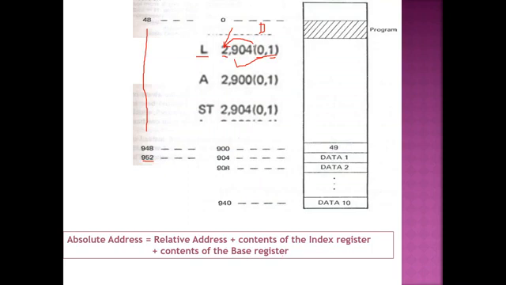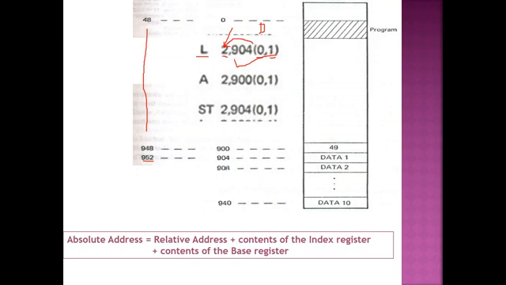What is the relative address here? 904 is the relative address. What is the value of the index register? 0. What is the value of the base register? 48. So your absolute address is 904 plus 0 plus 48. Or you can say 904 plus 48, where the index register is assumed to be 0.